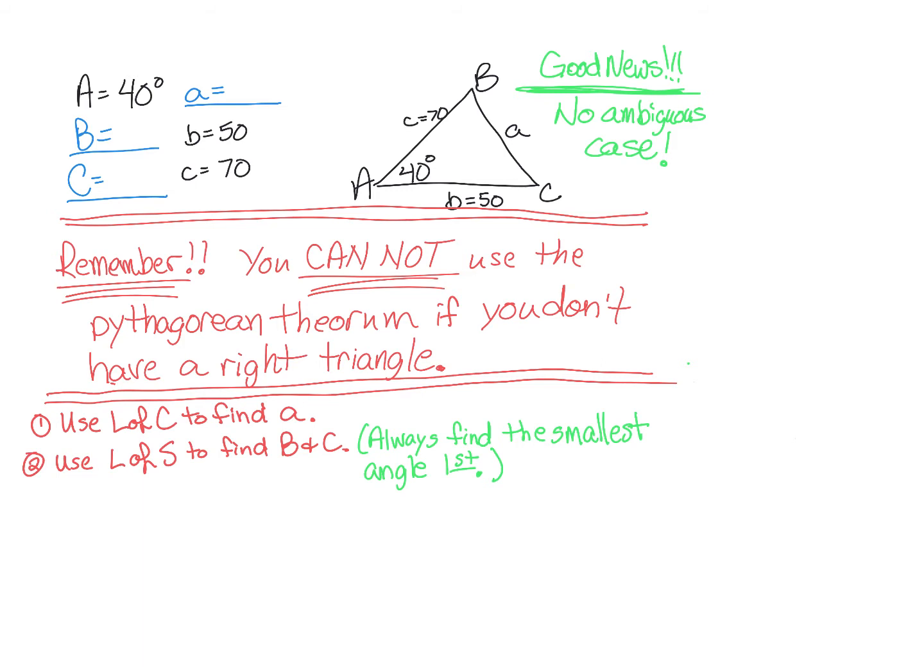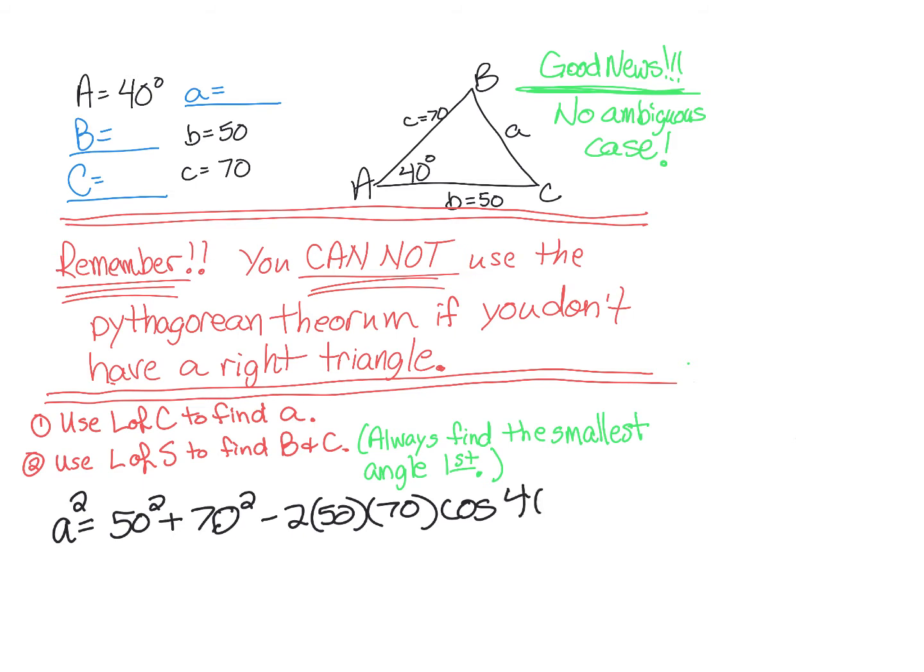So let's do this. We want to solve for A, so we have A squared equals B squared plus C squared minus 2BC cosine of the angle opposite the side that you're looking for. You stick all of this in your calculator.